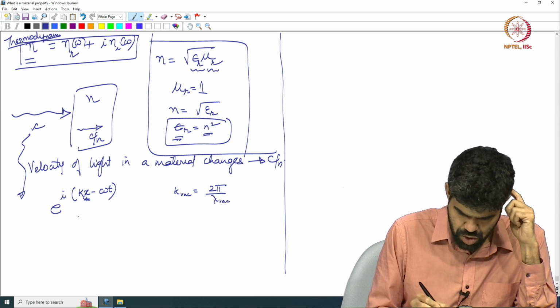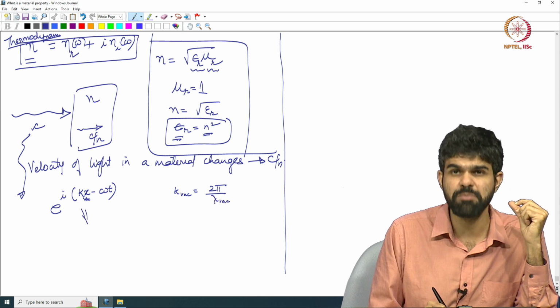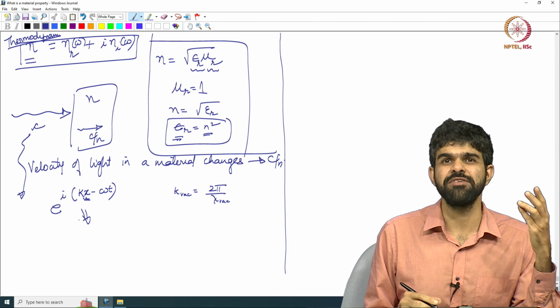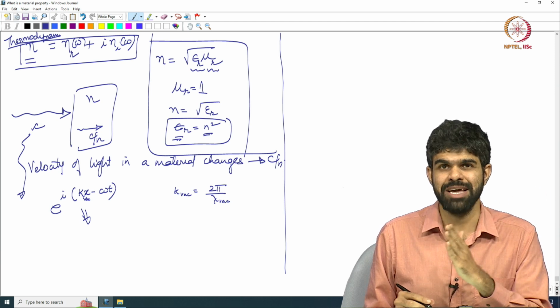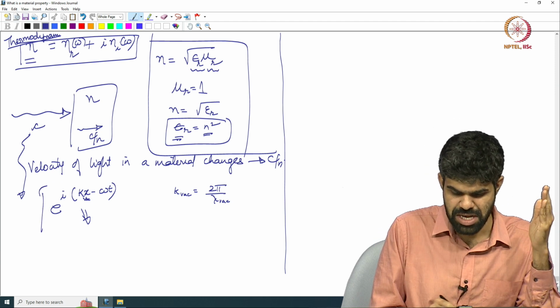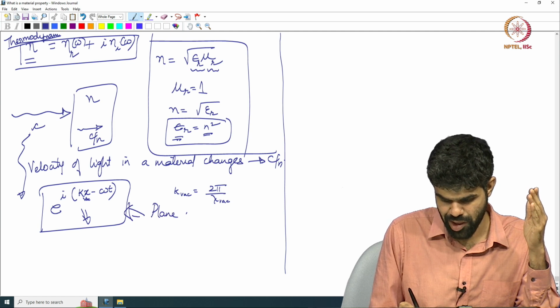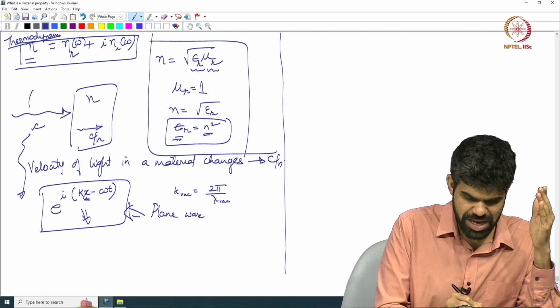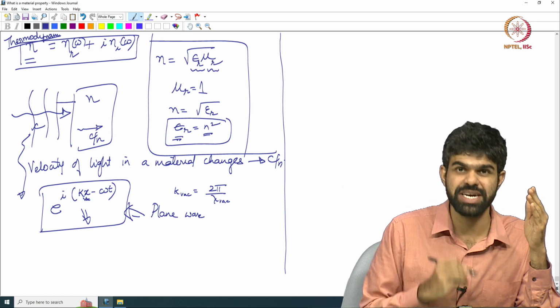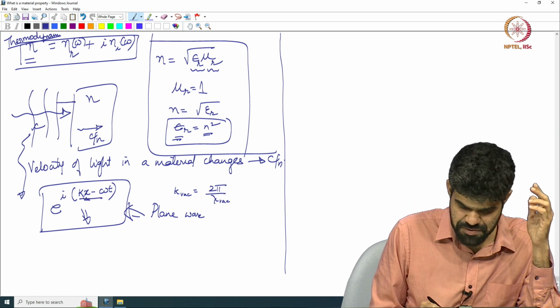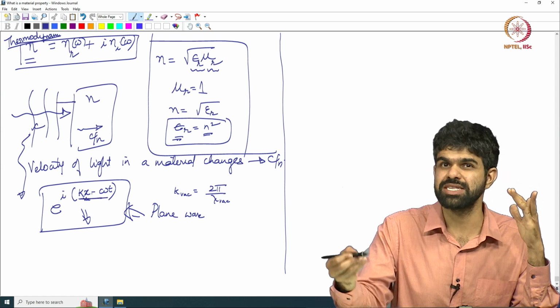This is a wave, and a wave propagates in space and in time. This is the simplest equation of what is called a plane wave. A plane wave has phase fronts that propagate in this fashion, and all these phase fronts are given by kx minus omega t being some constant.